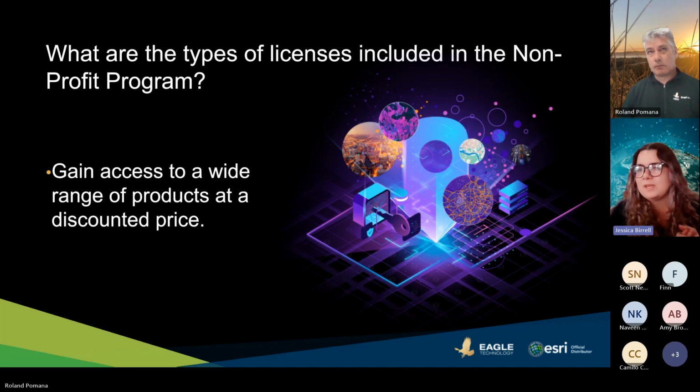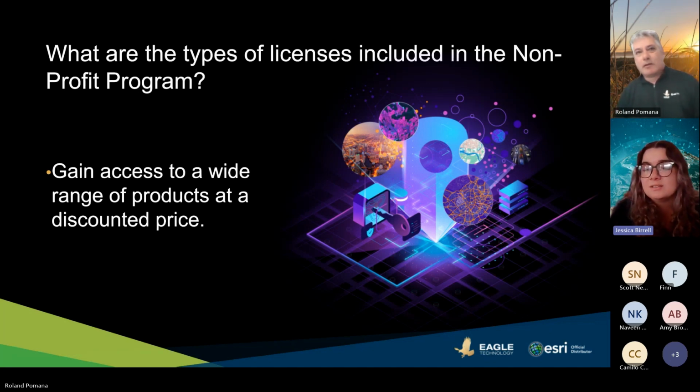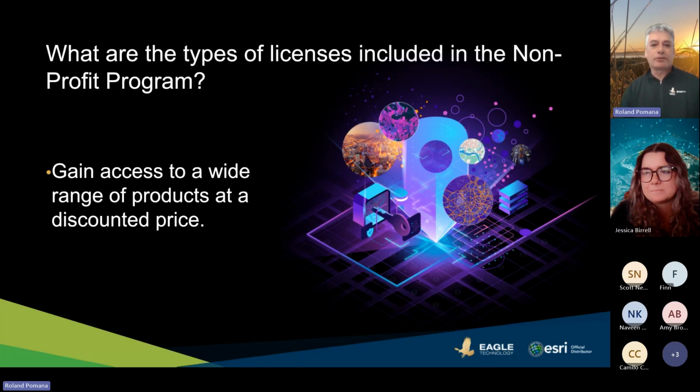Roland, do you maybe want to comment on the discount potentially available for this licensing? Yeah, I don't want to mention dollar values, but I'll also comment on the wide range of products. Not every product available from Esri is available inside the non-profit program. The bulk of them are, but there are some smaller products from Esri that are not available inside the non-profit program in New Zealand.